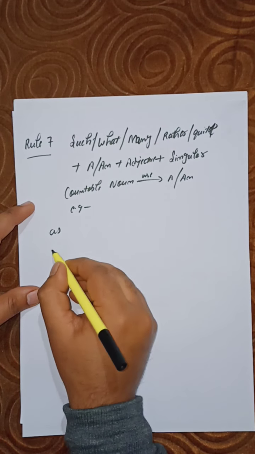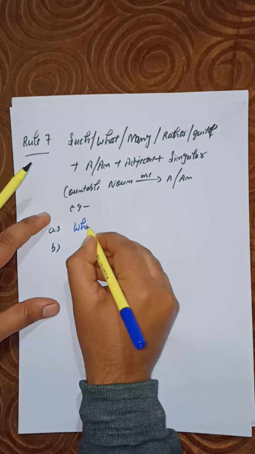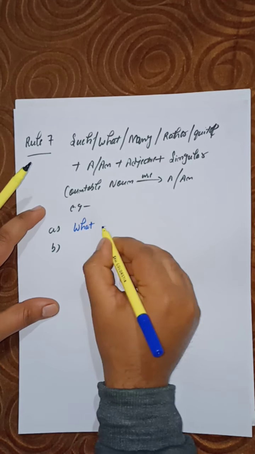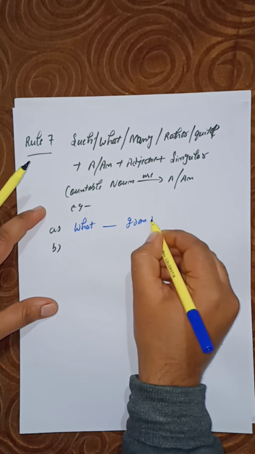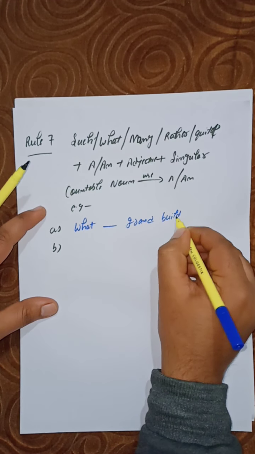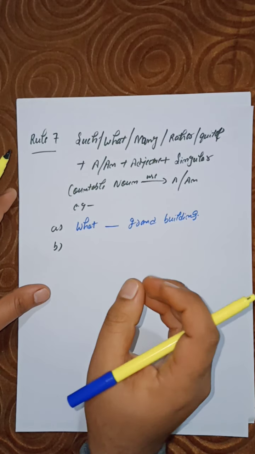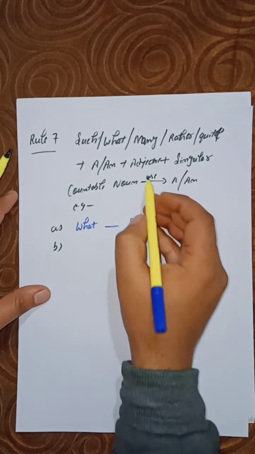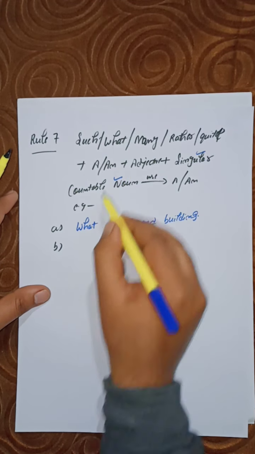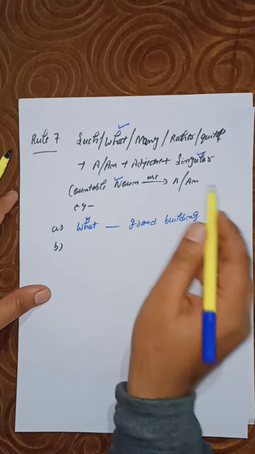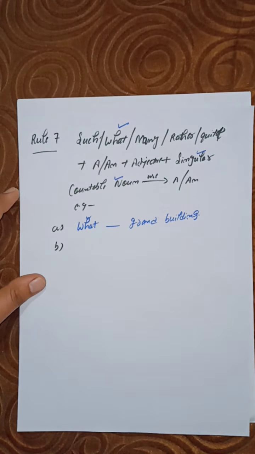Example: what dash grand building. This is singular and countable, so this fulfills the condition, and what is also here. So we have to use a or an.